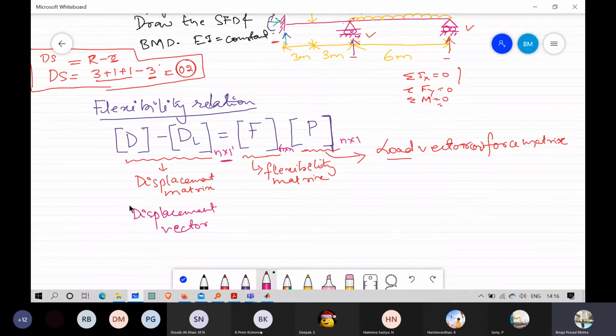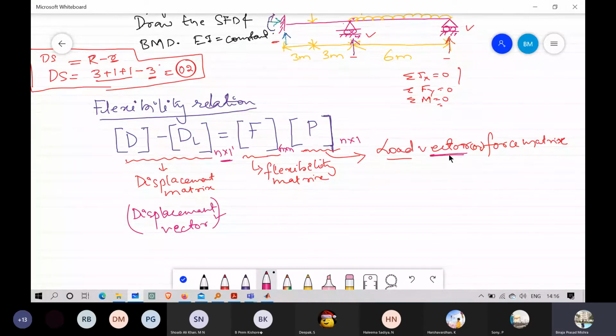Please don't get confused, because the displacement vector and the displacement matrix are the same. If it is a single column, we call it a displacement vector. This is the flexibility matrix, and this is the force matrix, or you may call it the load vector, whatever you want to call it.